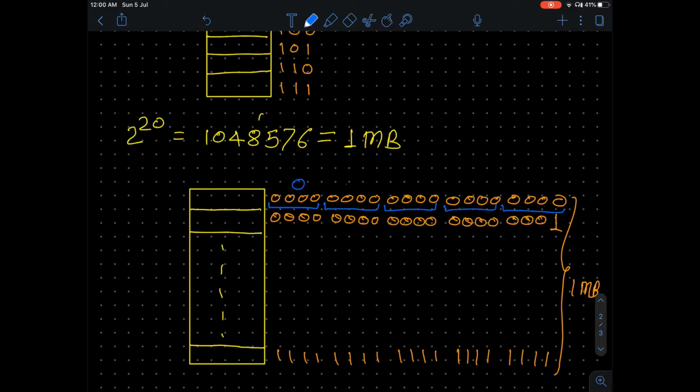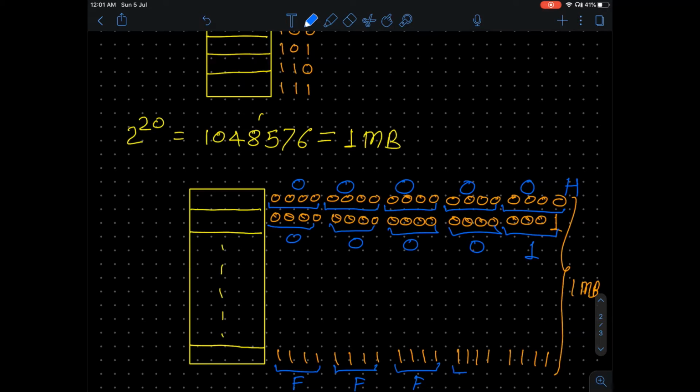Starting address is 00000H, where the H is written for hexadecimal. The second address is 00001H and so on, and the last address is FFFFFH.